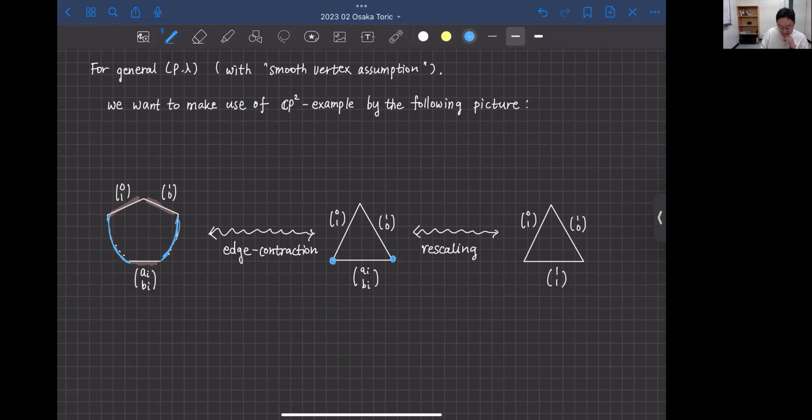Some combinatorial procedure. And then in order to get the characteristic pair for ordinary projective space, I want to rescale. I want to change this a_i, b_i into 1 and 1.